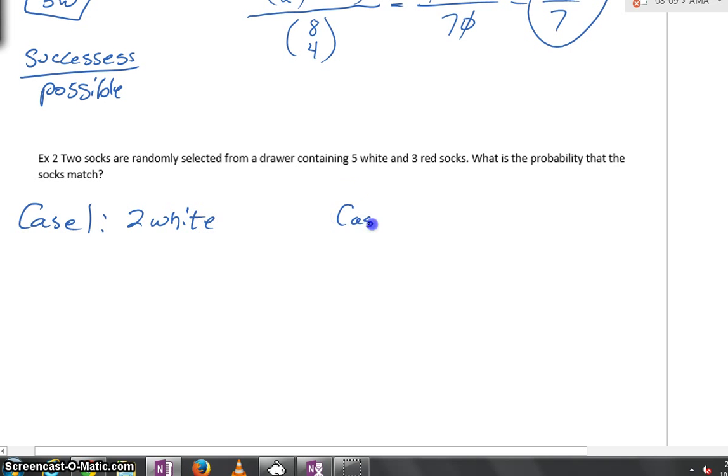Case 2, there's also this other situation. You could have a match if you had 2 red socks as well. And we have to consider these cases separately. So here we go again, very similar to the problem that we were just doing. How many socks do we have total?